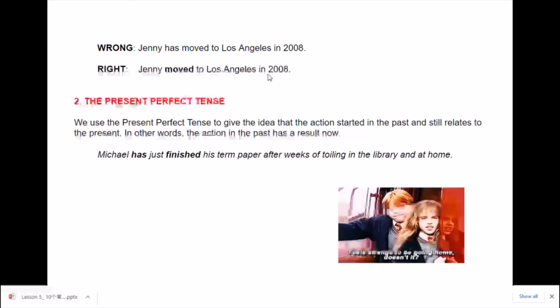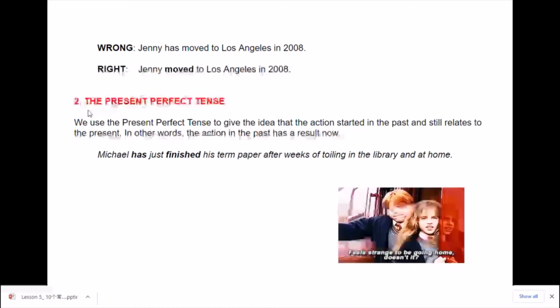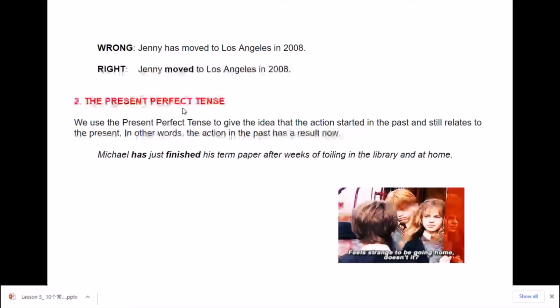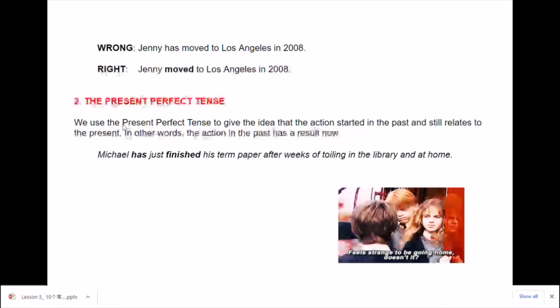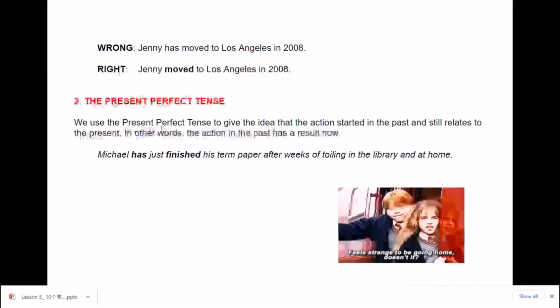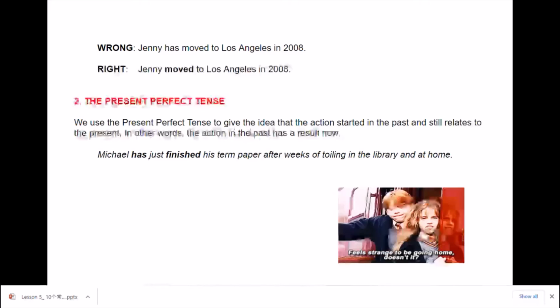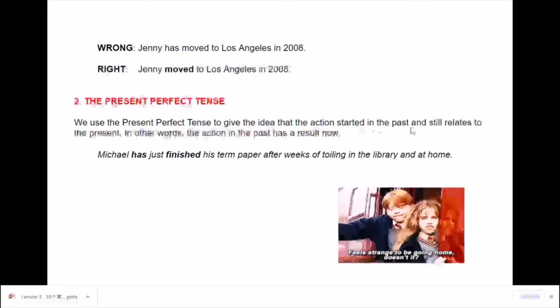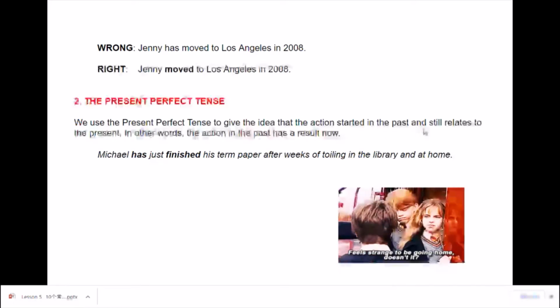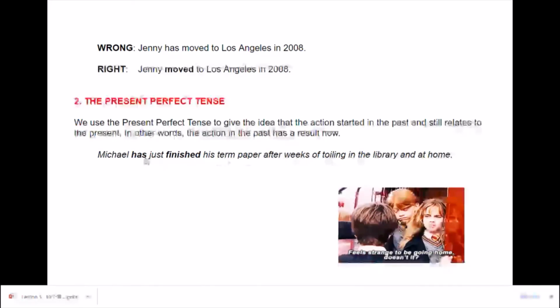Okay? Now let's move to number 2, the present perfect tense. We use the present perfect tense to give an idea that the action started in the past and still relates to the present.